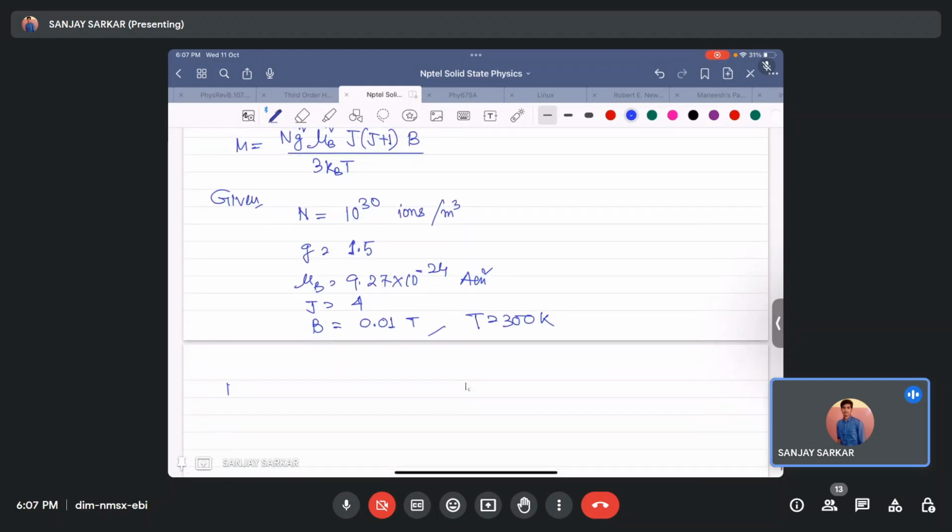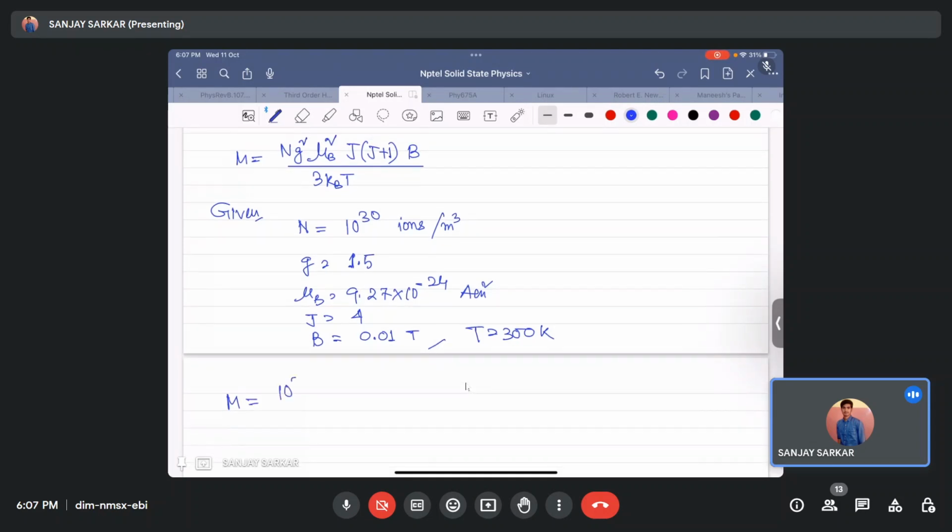So using this we will calculate M, which is 10 to the power 30 into g squared, that is 1.5 squared, into mu B squared, that is 9.27 into 10 to the power minus 24 squared, into J into J plus 1. So J is 4, that is 4 into 4 plus 1, and B is 0.01 Tesla.